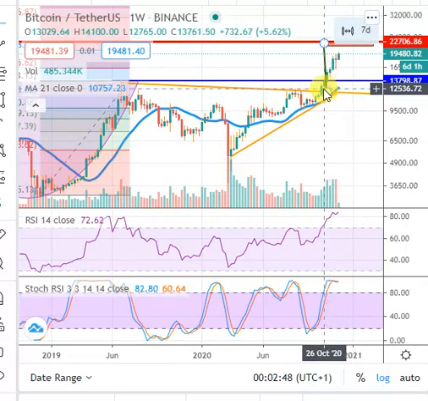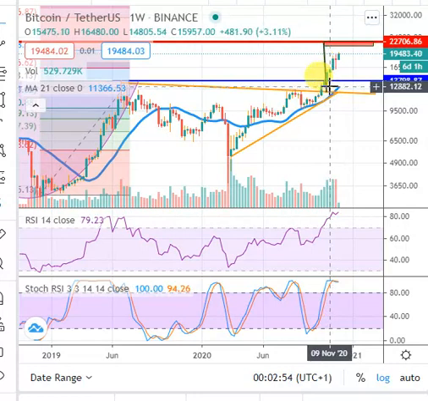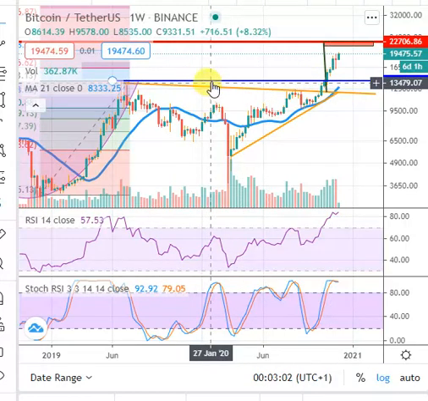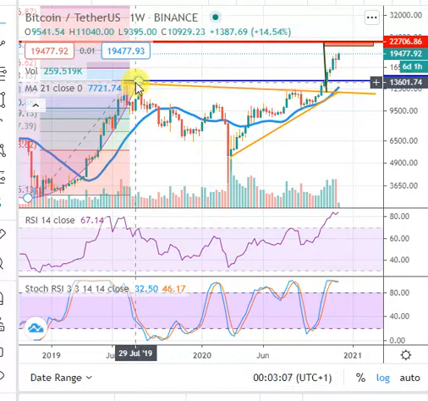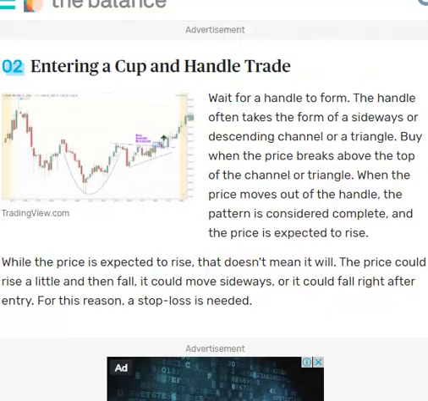So you are expected to buy in around this 12,000 to 13,000 range. If you want to be conservative and safe, you may wait for it to break above the neckline, which is this blue line, the top of the cup. You want to buy in at that price there. That is the best time to buy in.